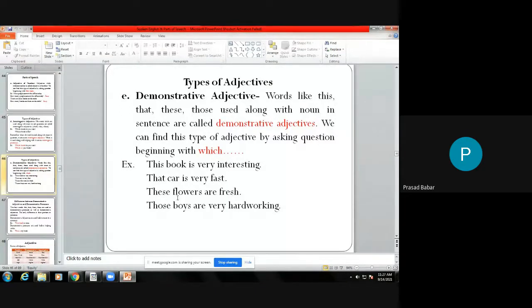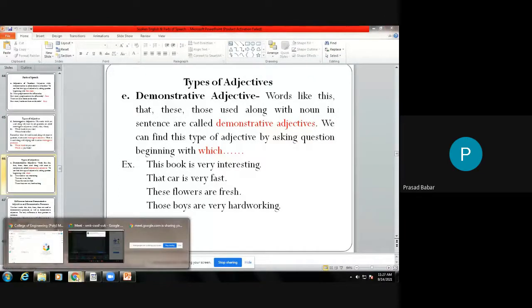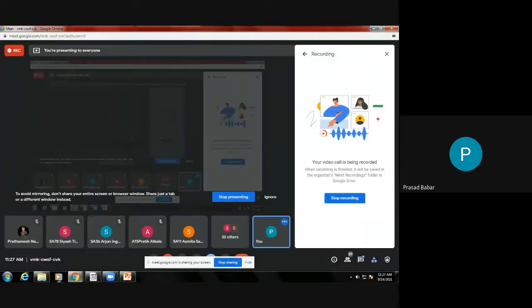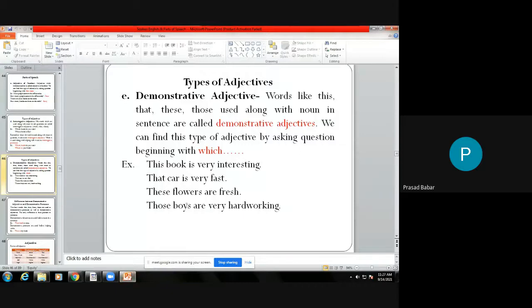Okay, and when we use them along with noun in a sentence, then they work as demonstrative adjectives, and when we use them along with the verb or auxiliary verb or helping verb, then they are called as demonstrative pronoun.